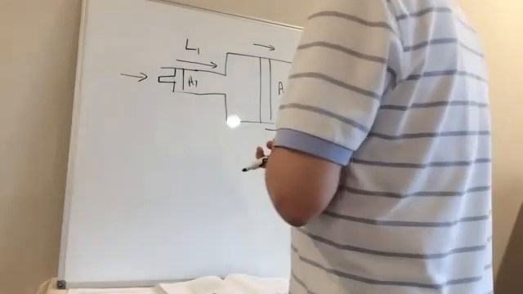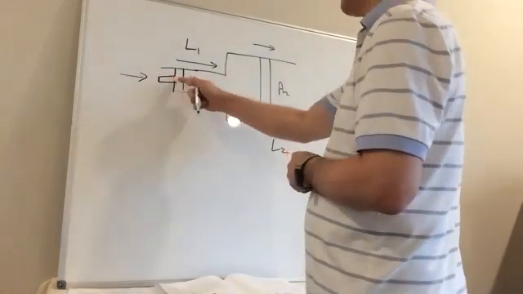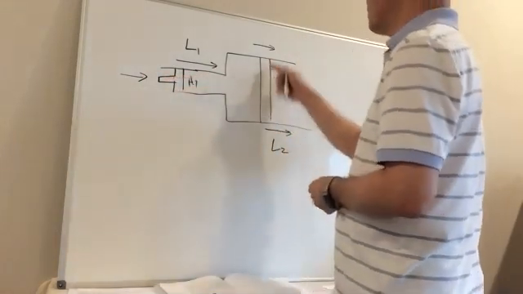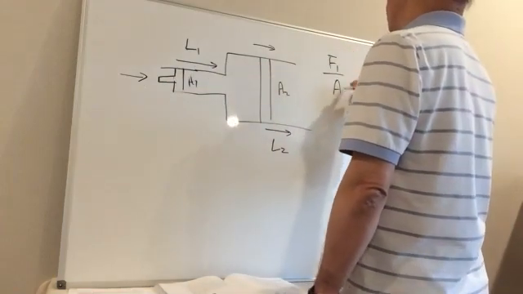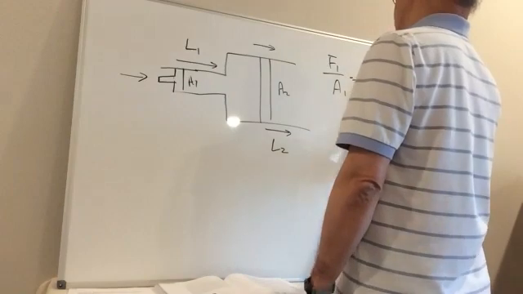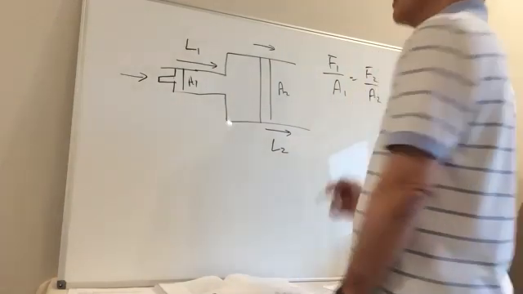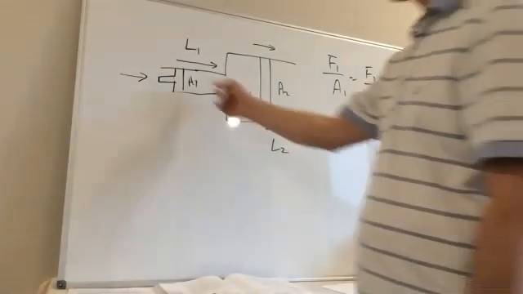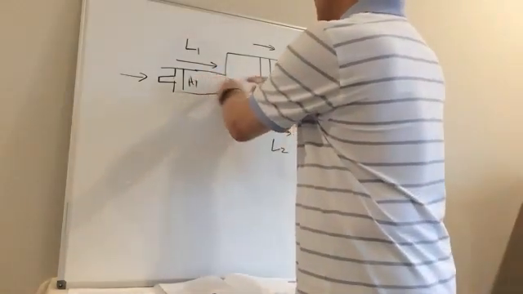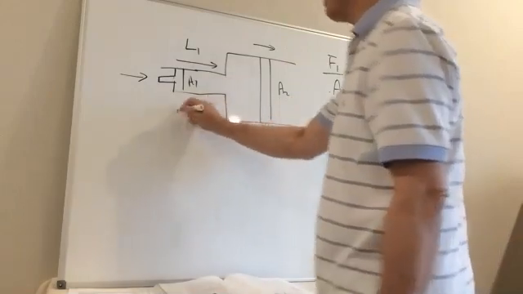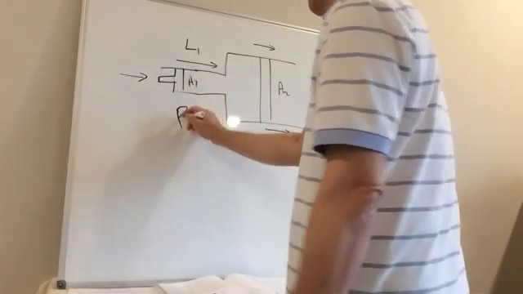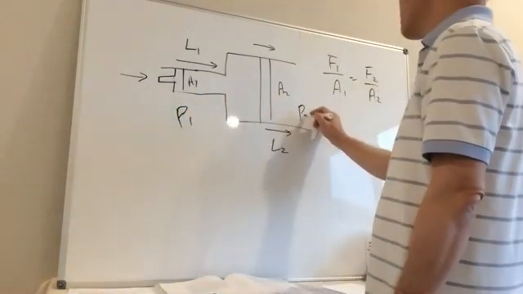So the force that you put in here is going to be transferred to a force here. The pressure in that system is going to be the same. The pressure here, P1, is the same as the pressure over here, which is P2.